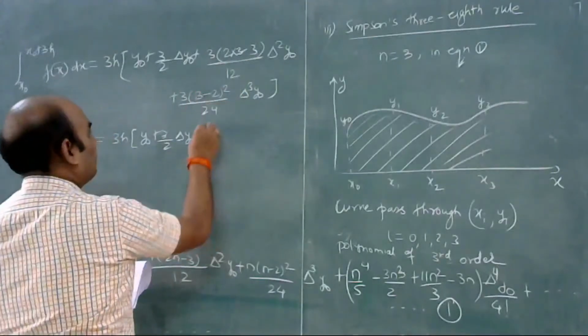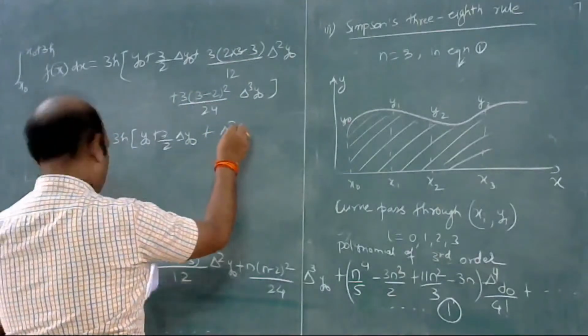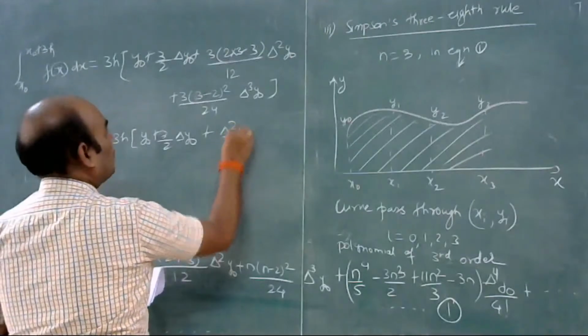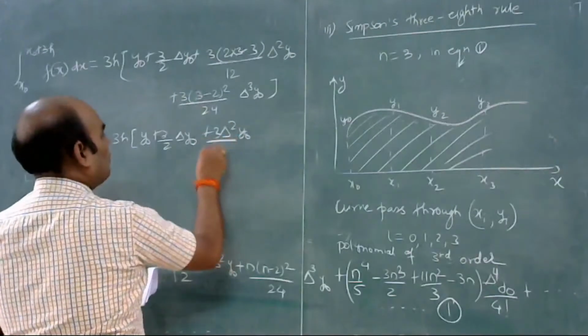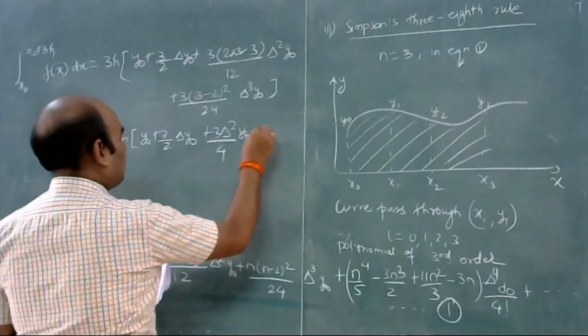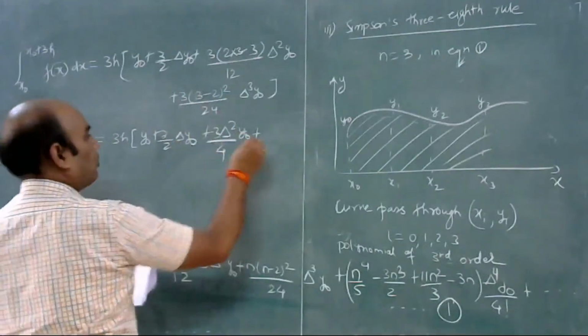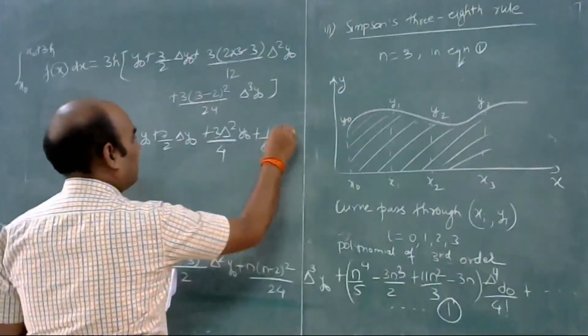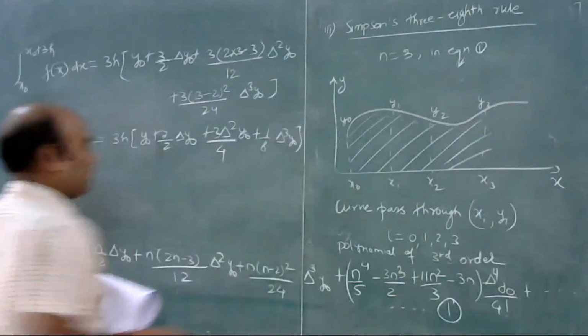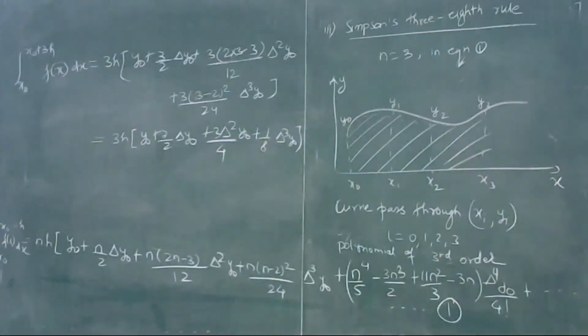So this is 6 y0 by 4 plus this is 1 square, so this will be 3 upon 24, that is 1 upon 8 del cube y0. Now substitute the values of the forward differences del y0, del square y0, and del cube y0. We are not going to derive all of it.